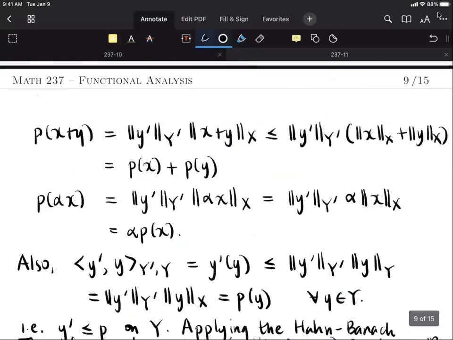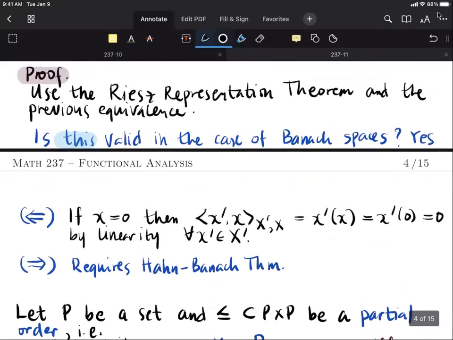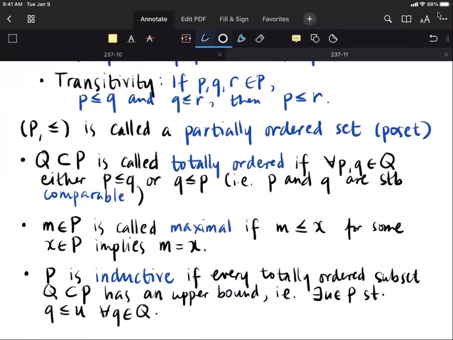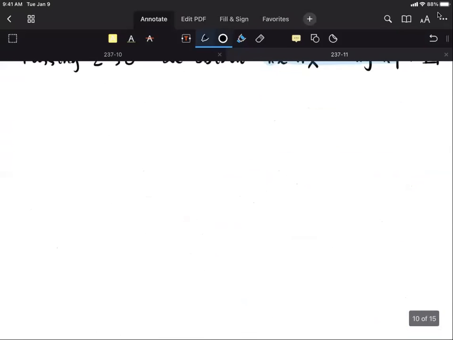So before we move to our question last time, so going back to our statement here. Before proving this direction, let us consider the following consequence of the Hahn-Banach theorem for real normed vector spaces.